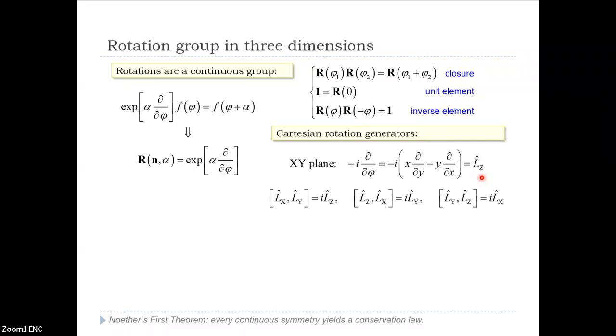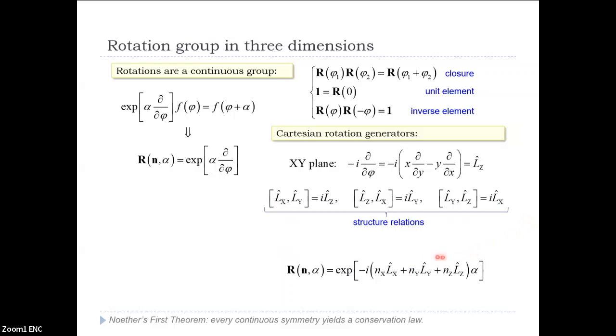And then all the usual things that you have seen in angular momentum theory. These commutation relations to us physicists are just commutation relations, but to mathematicians they're called structure relations between the generators of that group. And then the best possible parameterization: a rotation around the axis n by the angle alpha is the matrix exponential.